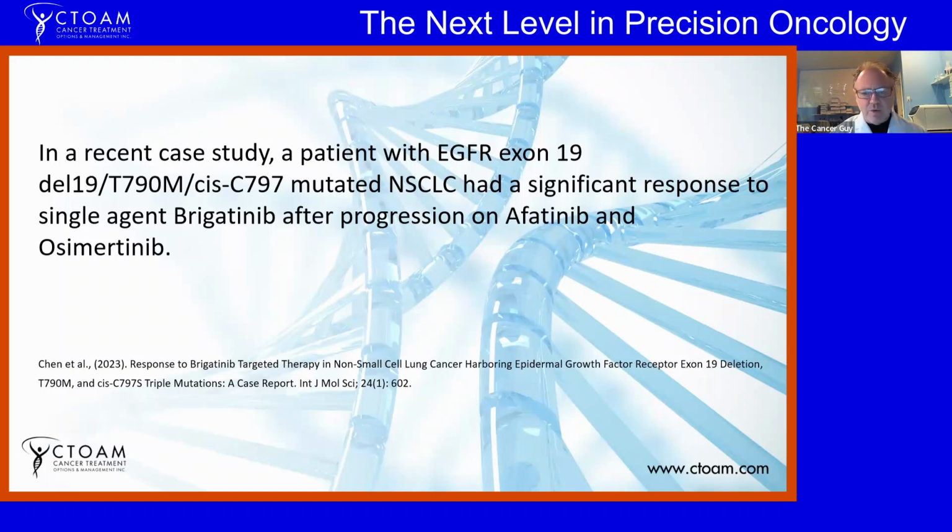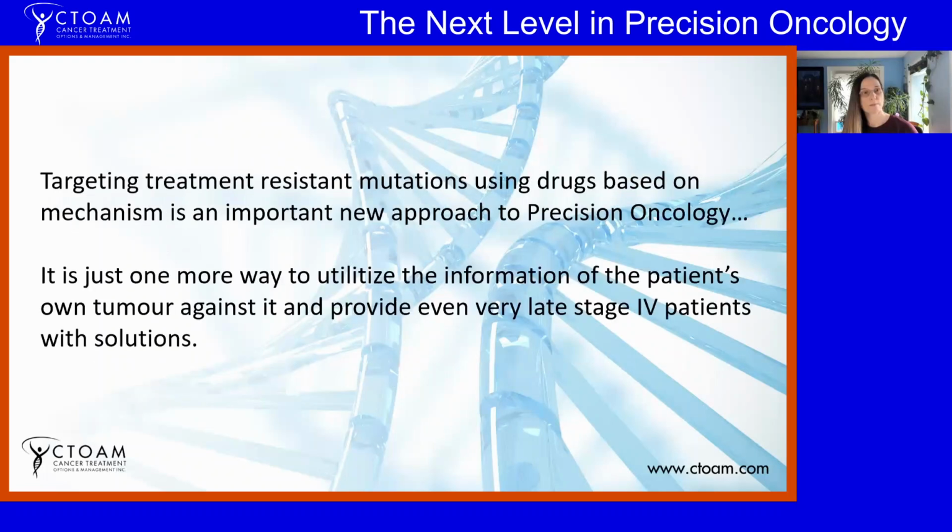And it didn't work. Or worked for a while, not very long, killed a certain percentage of the tumor cells. And then obviously the C797 mutated subtypes actually kind of took over, and they didn't have any treatment options. So in this particular case, this brigatinib, by itself as a single agent, worked incredibly well and provided more time for this patient. Wonderful.